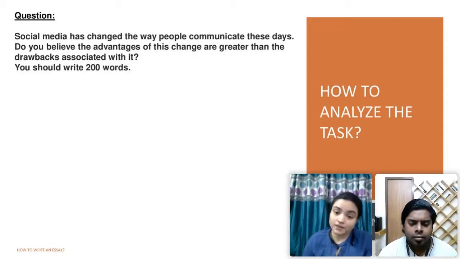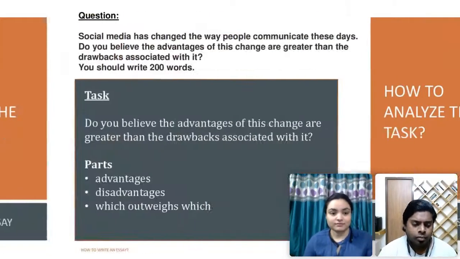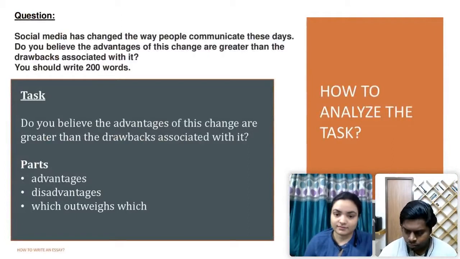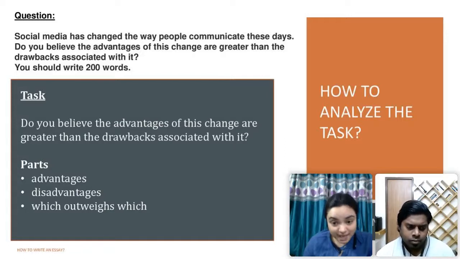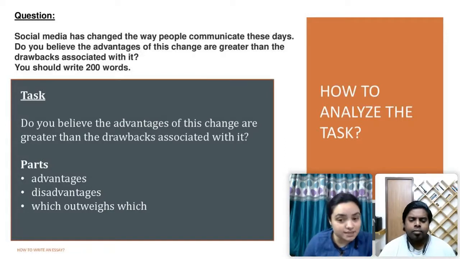We have to think of advantages, disadvantages, as well as which is greater. So we have established the fact that there are three parts to the task: pros, cons, and which is bigger, which is greater, or which is more.